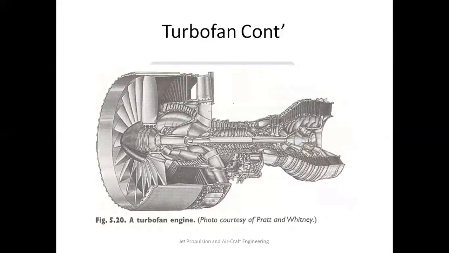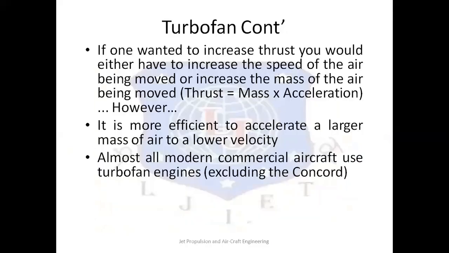This is also a turbofan engine, where you can see the large diameter fans or blades used in the front area of the engine, and that provides the additional thrust, and therefore it is quite useful, especially at lower speed as well, because we get the additional thrust by pushing the secondary air. Right.